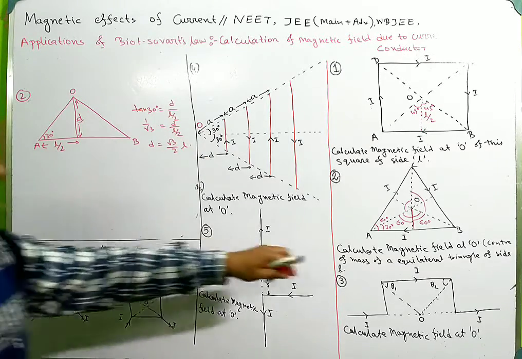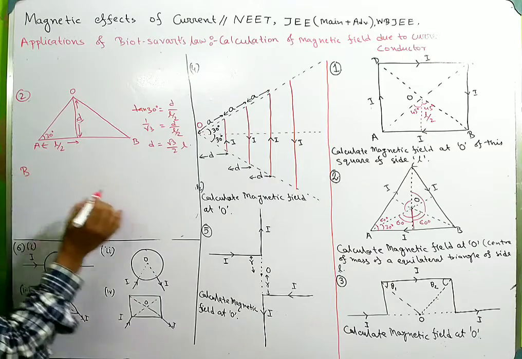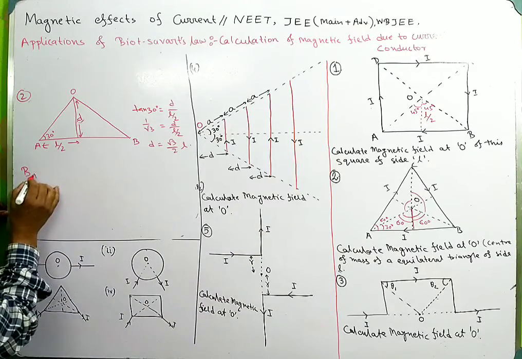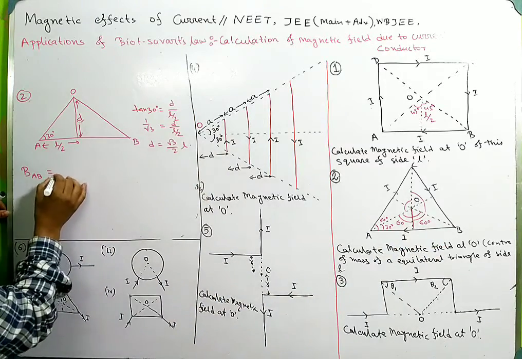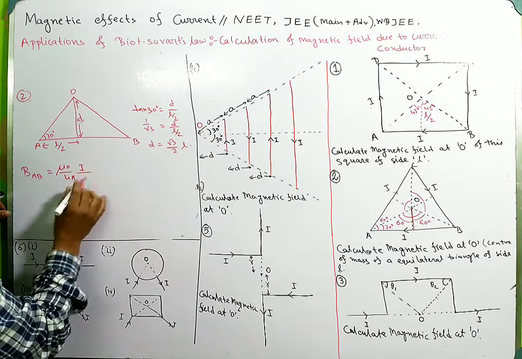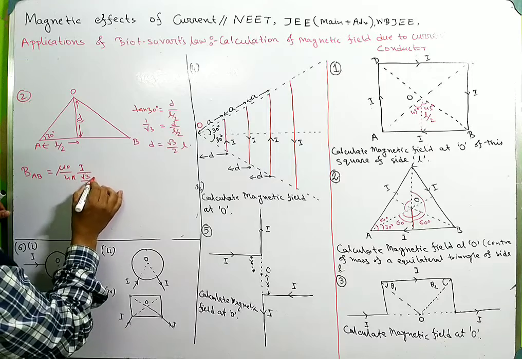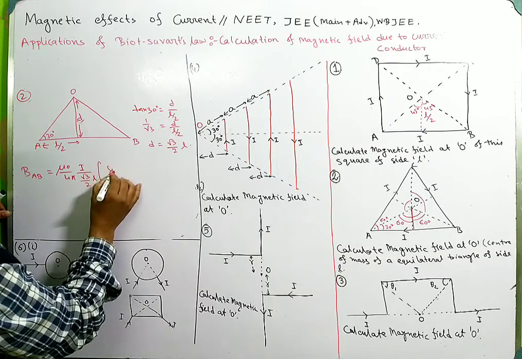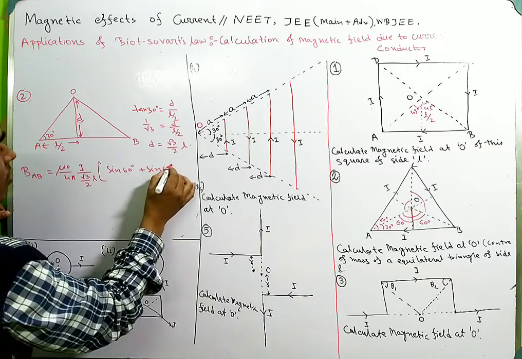Now using this formula, the magnetic field for the AB portion at O will be mu 0 by 4 pi I by D, where D is root 3 by 2 into L, into sine 60 plus sine 60.